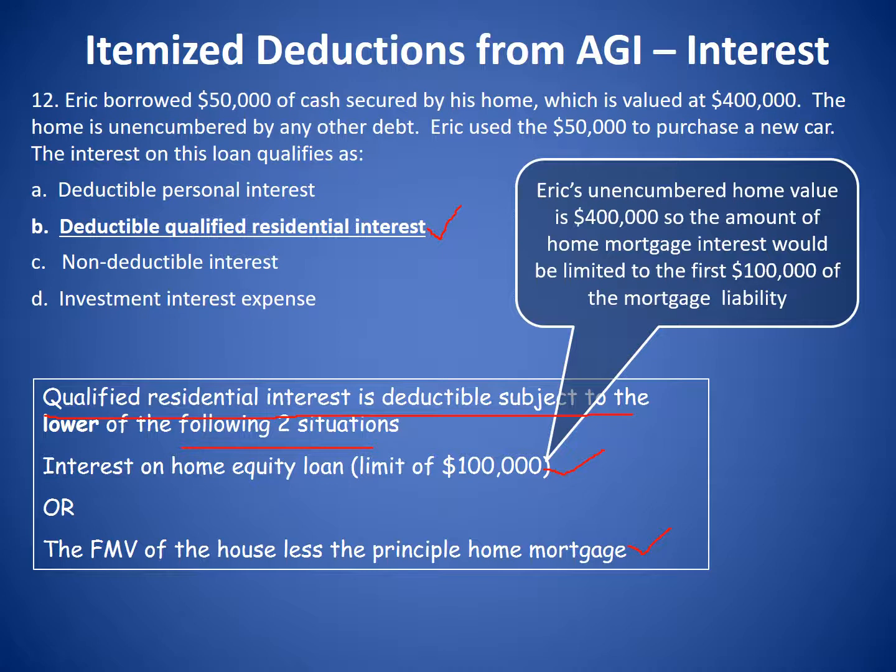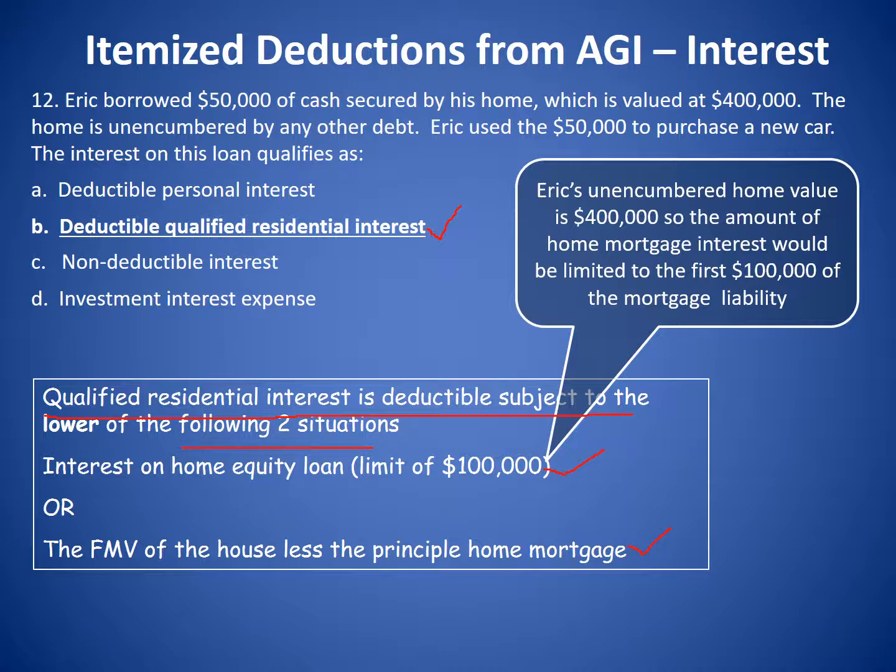The reason for this type of limitation is that personal interest is no longer deductible except in the case of home mortgages. And in this case, there was basically a mortgage that was taken out on a home for personal expenditures. So the amount of interest that is deductible is limited to the first $100,000 of the amount borrowed on that home, or the fair market value of the house less the principal home mortgage.